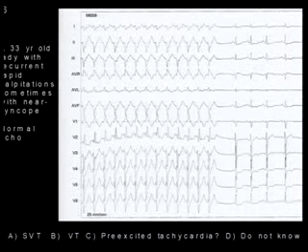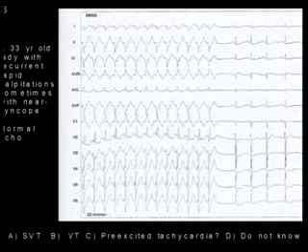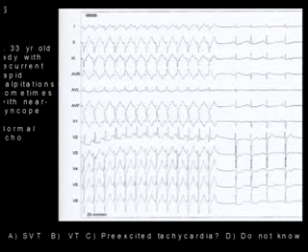So now we can show this. 1 sinus arrest, 2 AV block, 3 blocked PAC, and 4 SA block. So what is the number of this question? 7A, 7B, 7C, 7D.